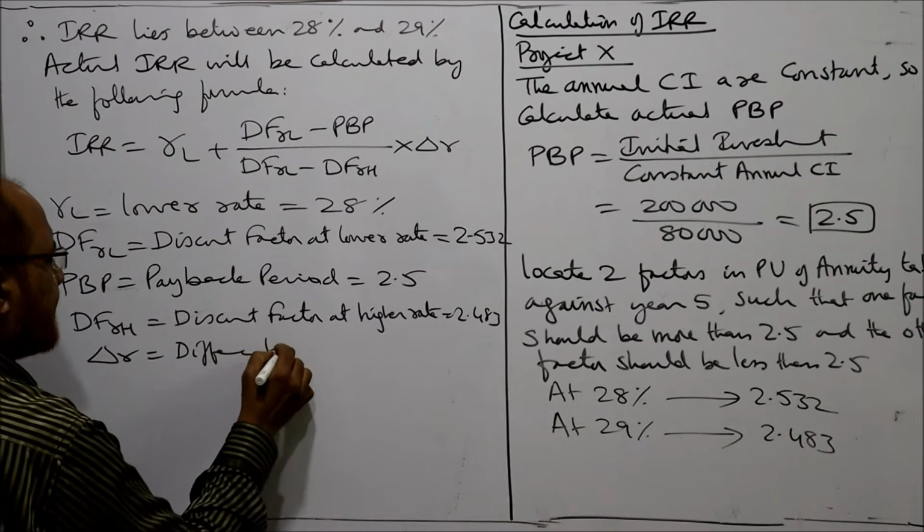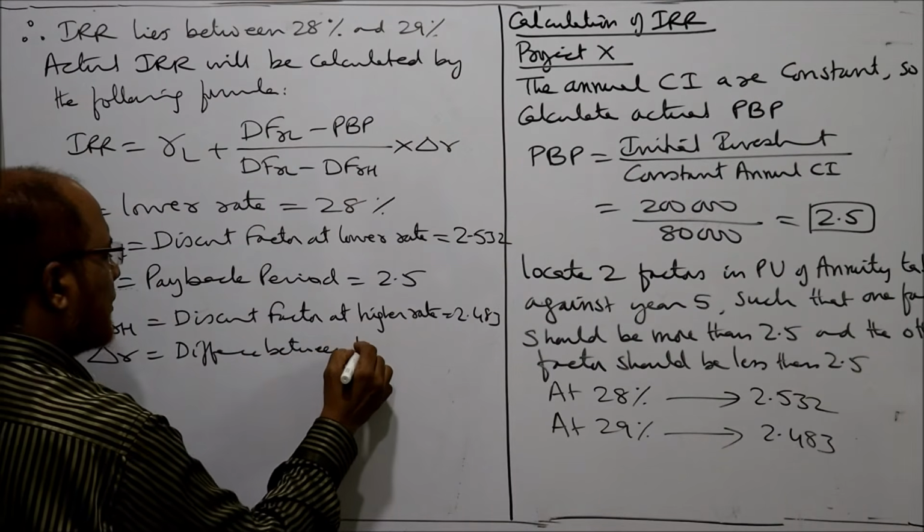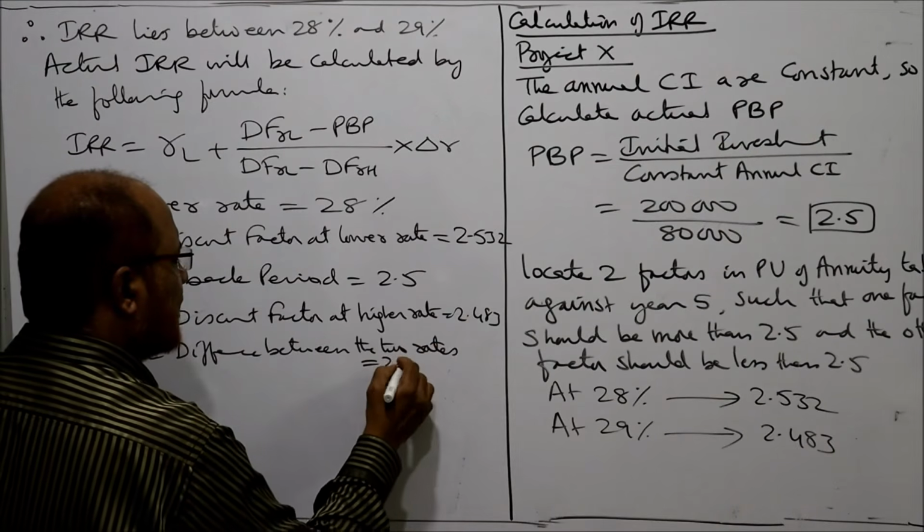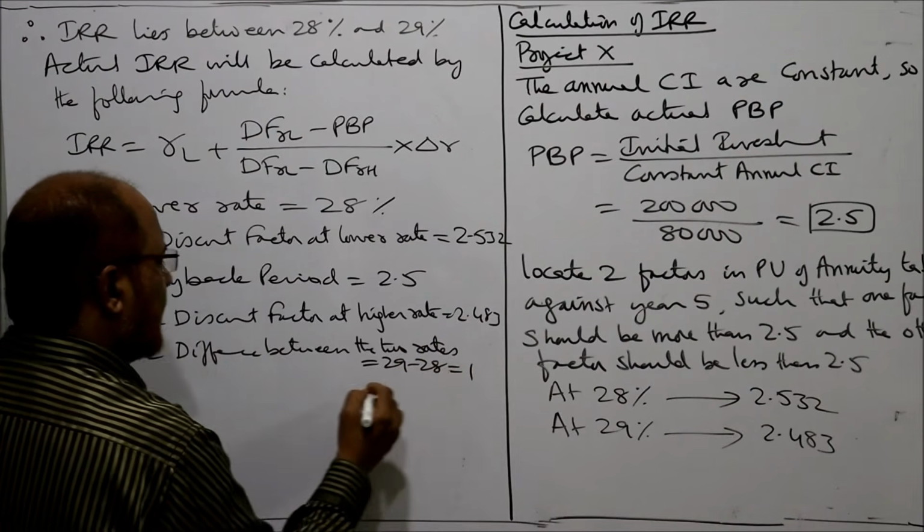Delta R is the difference between the two rates, 29 minus 28, 1.